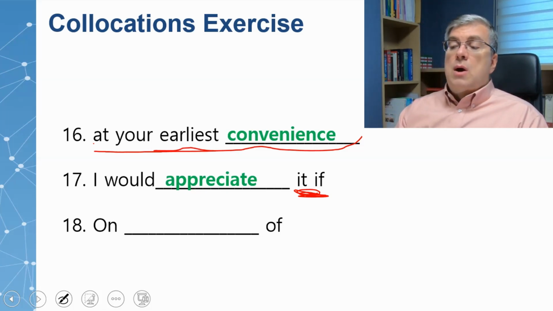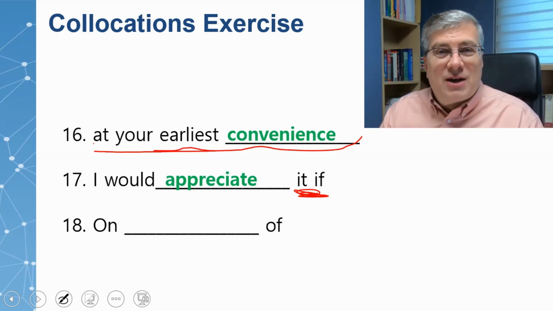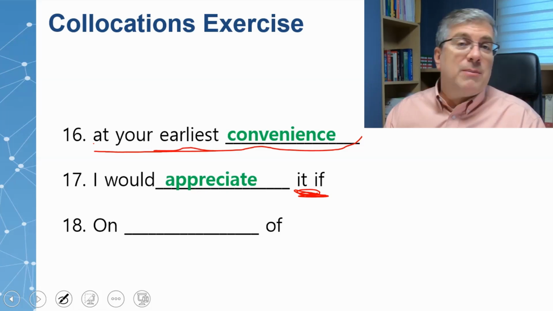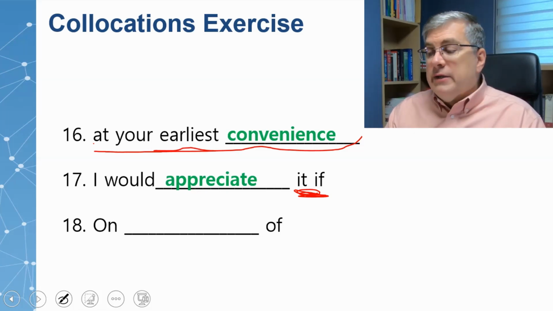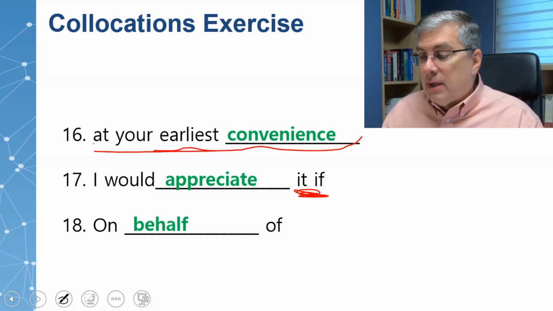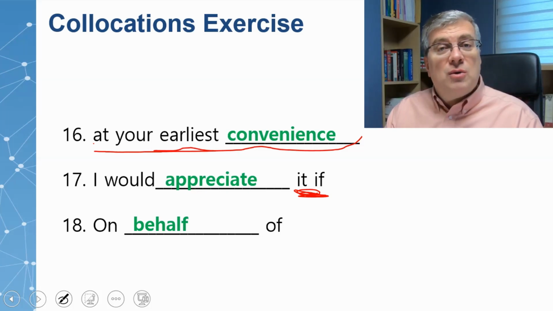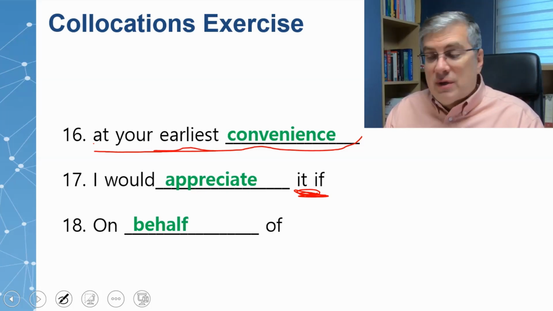Let's say that you are performing some action, not just for yourself, but for a larger group of people, maybe for your team, for your company. So you might write on behalf of, right? On behalf of the sales team at ABC Company, we wish you a happy holiday season, for example.